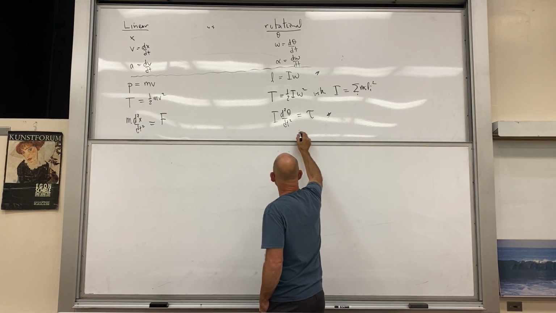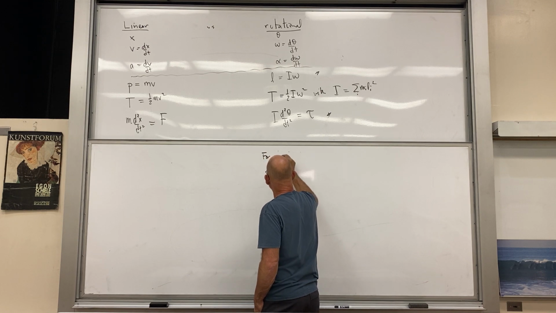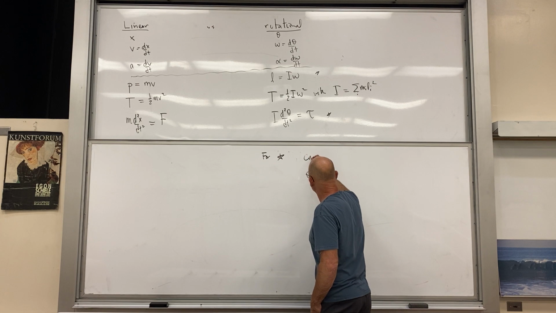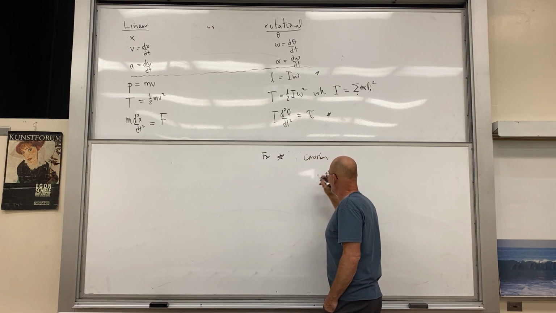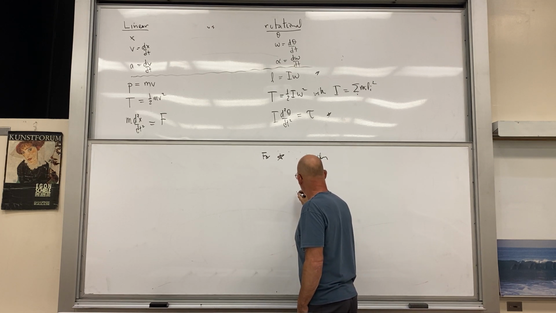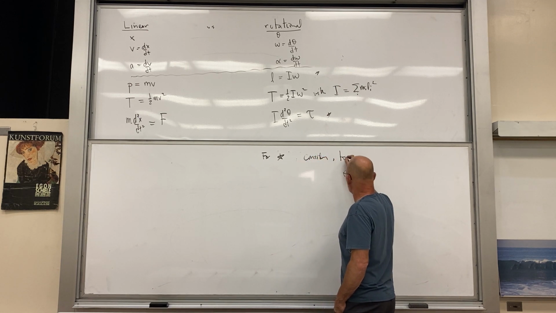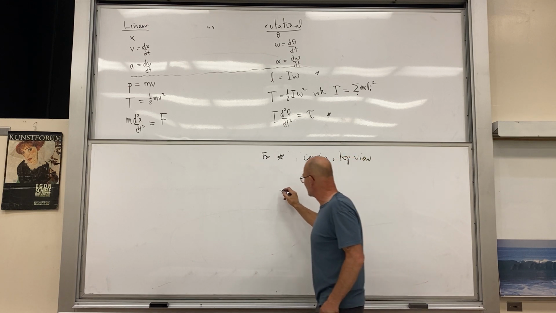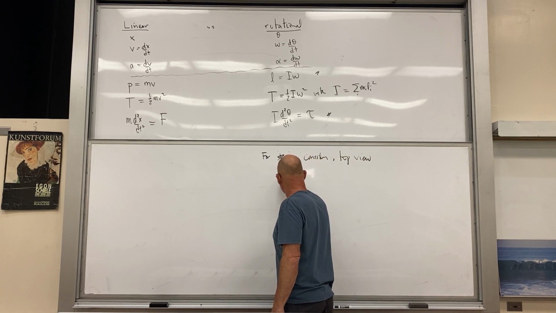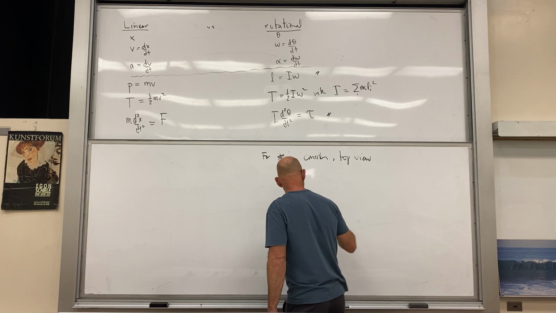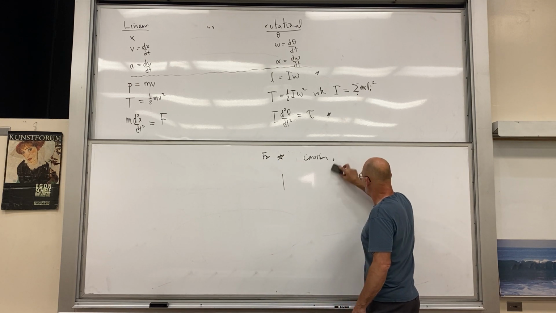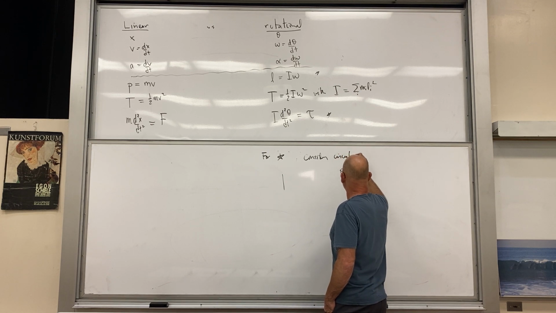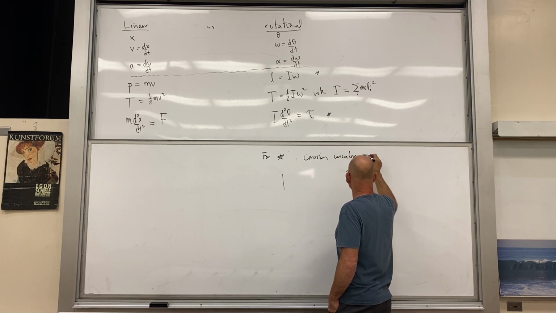So for this equation right here, for star, we're just going to consider K, and we'll call this the top view. We're going to consider a mass that is... we're going to do a profile, not a top view. Consider circular motion.